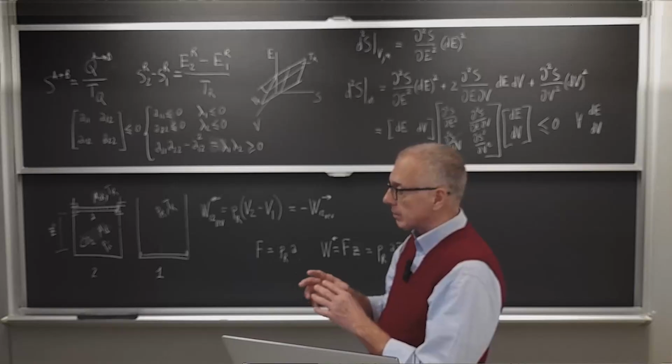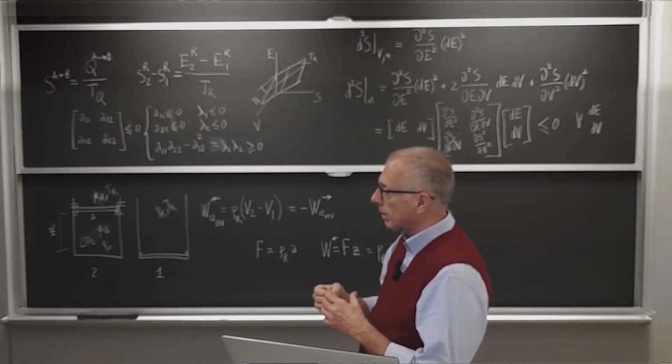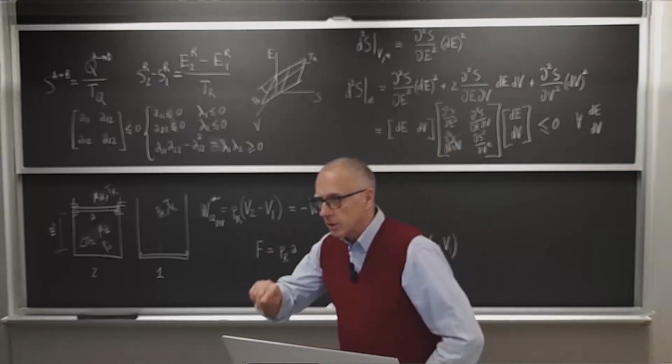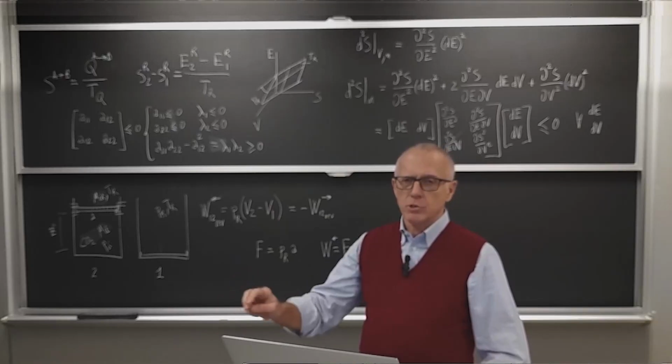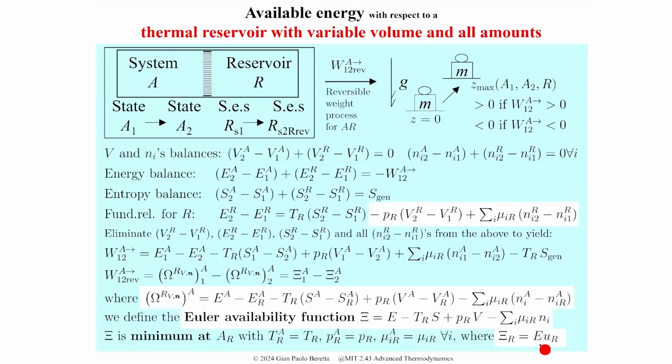When your system is in mutual equilibrium, so it is in the state at temperature TR, pressure PR, and with the chemical potential, so a complete equilibrium between system and reservoir, then this availability function corresponds to that characteristic function that we called the Euler free energy that I just reviewed at the beginning of today.